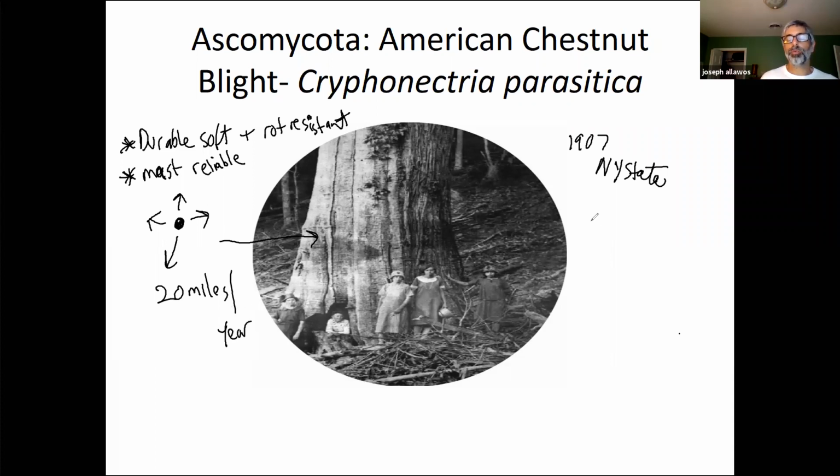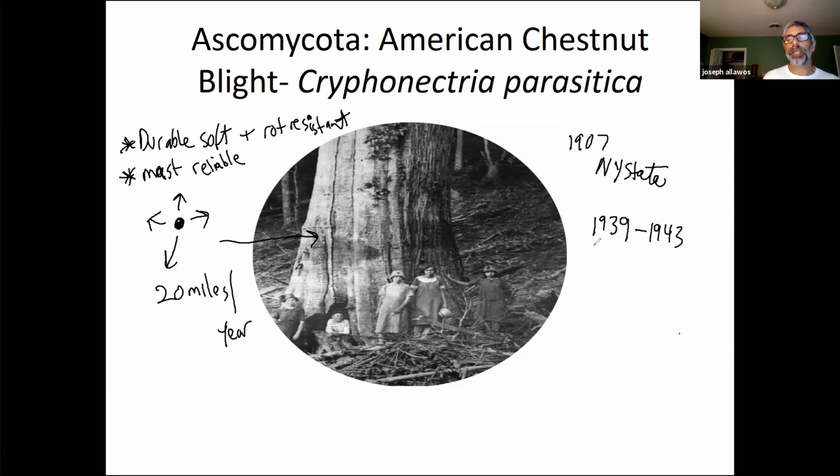It eventually reached Western North Carolina in the late 1930s, 1939, and by 1943, all of the chestnuts were gone. So you could imagine millions and millions of trees dead. For 20 years after, the mountainsides were brown. Imagine all the mountains brown year round. That's what it looked like.